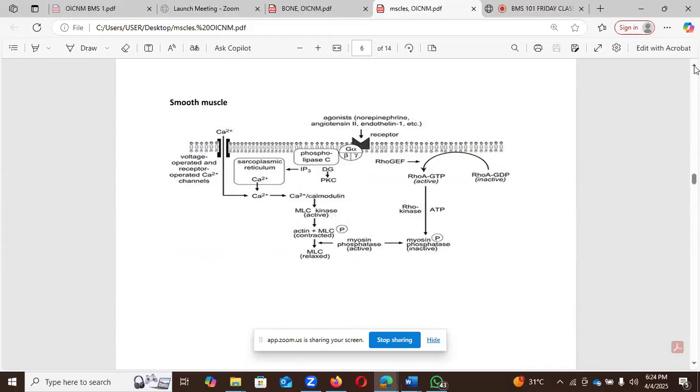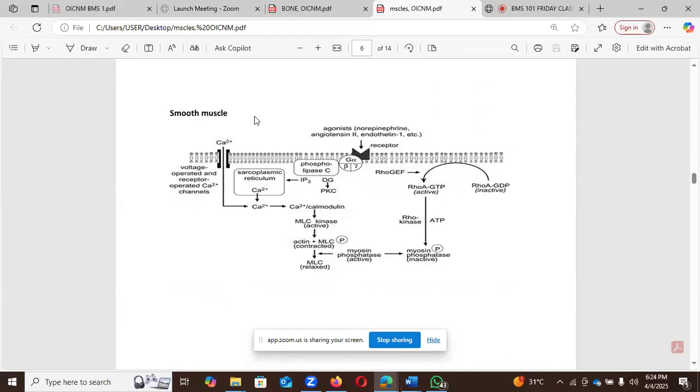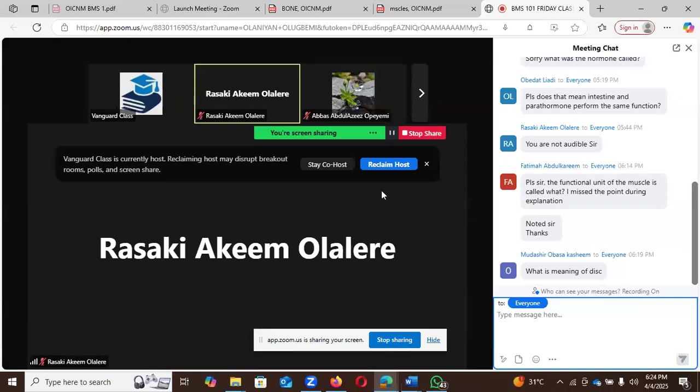This enzyme is only present in the smooth muscle, and in skeletal and cardiac muscle, you don't have it. Any other question?